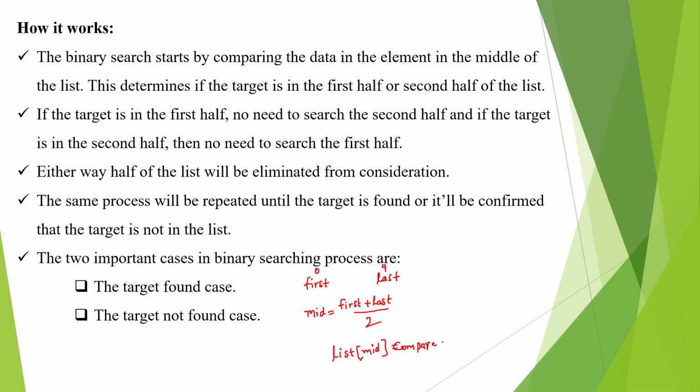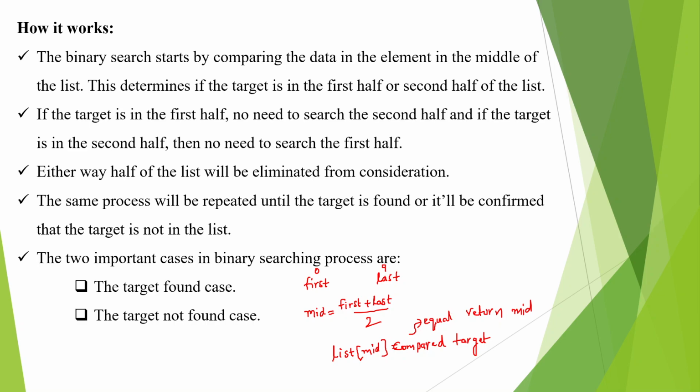If list of mid is exactly equal to the target, what do we do? We return the index, we return mid.